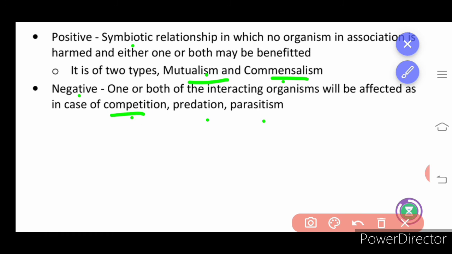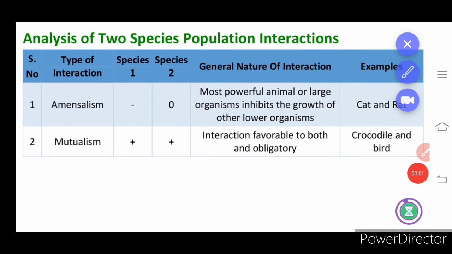Please recollect competition, predation and parasitism. For commensalism and mutualism, note the number of species involved and the nature of the interaction. In competition, a powerful animal or large organism inhibits the growth of the lower organisms; a cat can reduce the population of rats. Mutualism, like the crocodile and bird, is favorable to both and obligatory; they need the help of others.